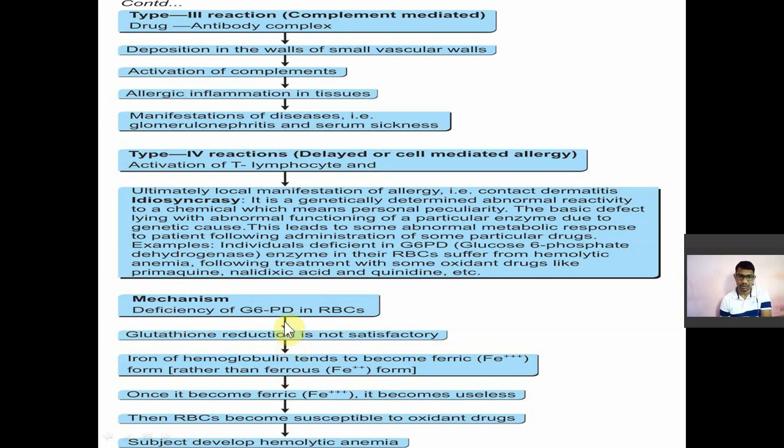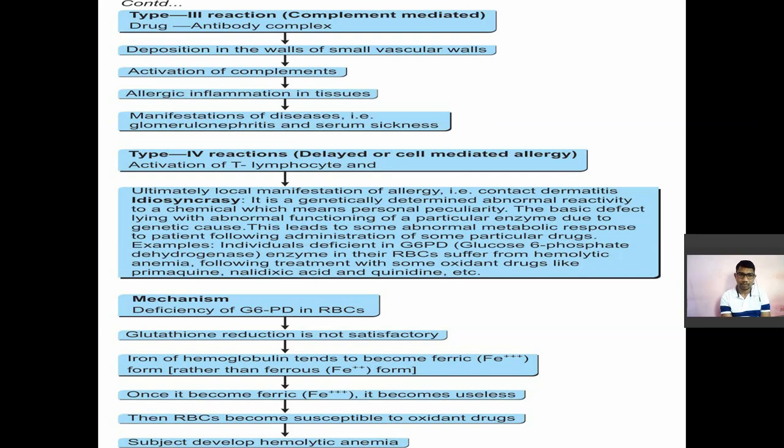Those patients who are deficient in glucose 6 phosphate dehydrogenase in the RBC, the mechanism is that glutathione reduction is not there. Glucose 6 phosphate dehydrogenase is responsible for the generation of glutathione. So it is produced by glucose 6 phosphate dehydrogenase, and if there is deficiency, glutathione production will not be there in the RBC. This is very important for iron and hemoglobin.